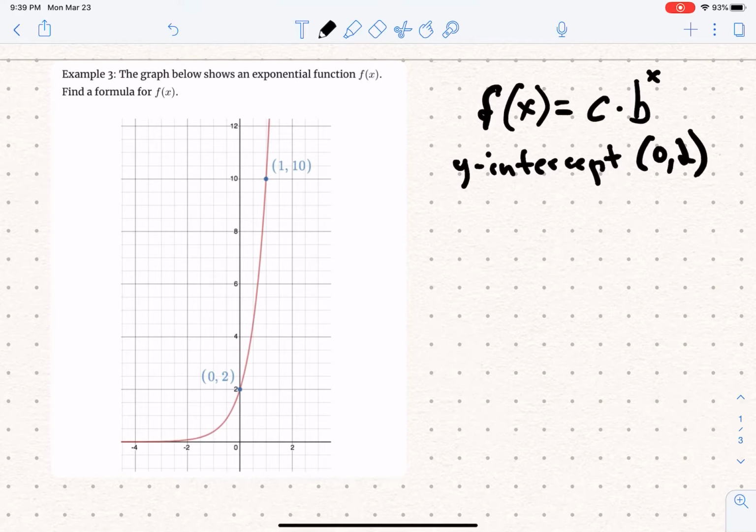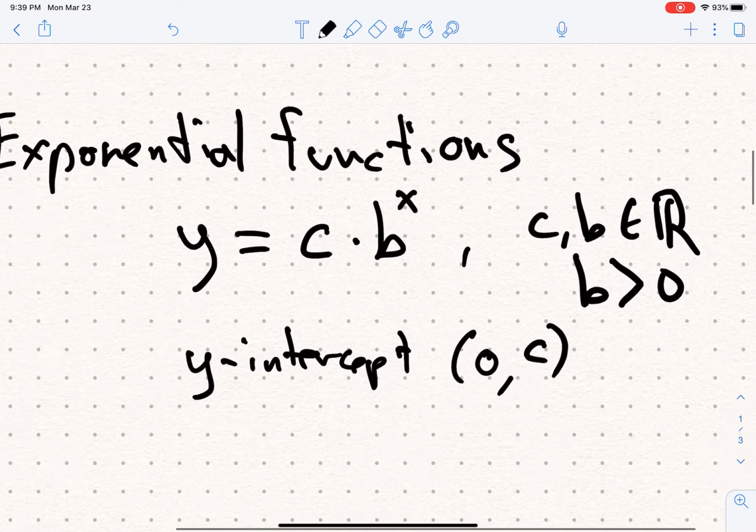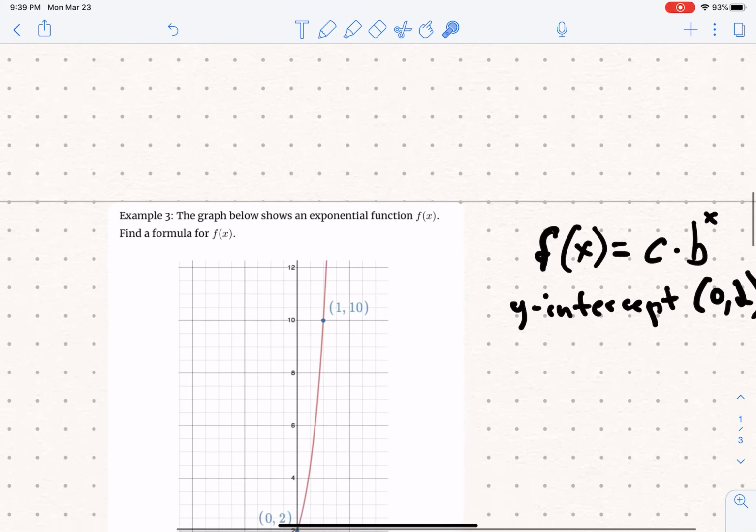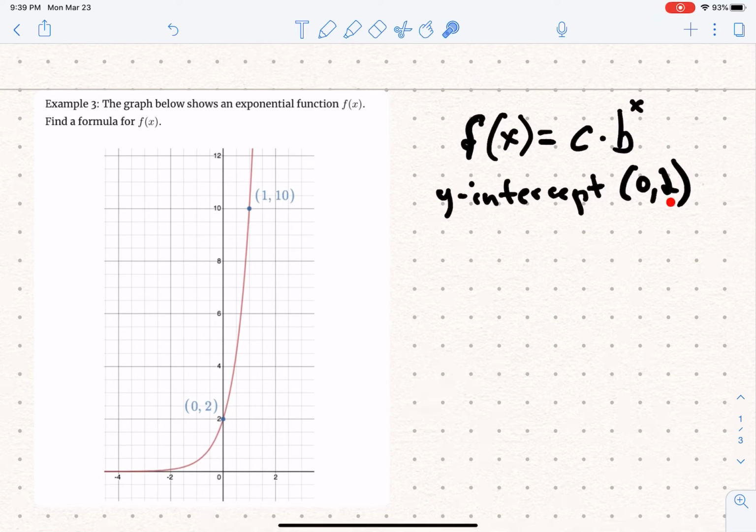And according to the rule that we just saw, the y-coordinate of that y-intercept is the same as the number that's in the front, which means that this number 2 must be our c. So now we know that f of x is equal to 2 times b to the x.